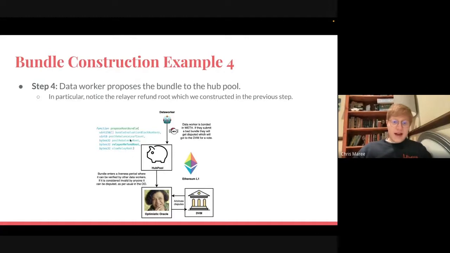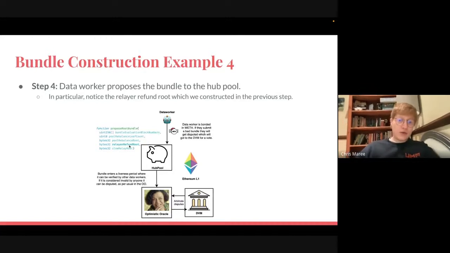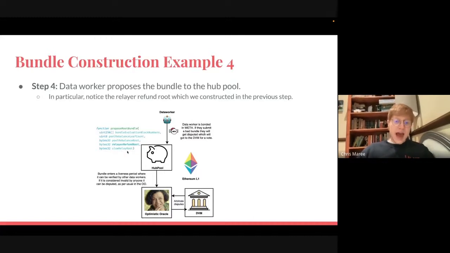They need to specify how many pool rebalance leaves there are so that we know once all of them have been executed. They specify the pool rebalance route, which indicates how the funds are flowing to different parts of the system, like we mentioned. And importantly, the relayer refund route, the one in bold here, which is the one that we constructed in the previous set of slides, right? Because we're considering in this example how the relayer refund routes are constructed.